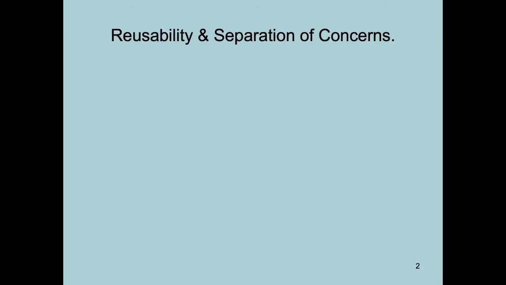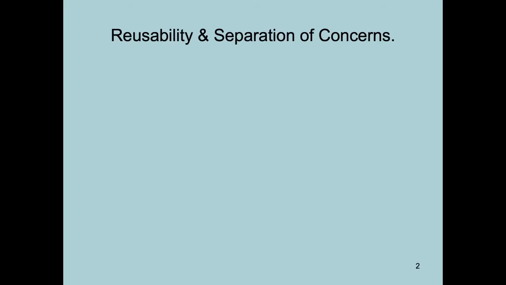When we talk about design, reusability and separation of concerns are objectives that any software engineer would have when they are developing code. And I'm sure you've heard of both of these terms before. Obviously, they are desirable. We'd like the individual modules in our applications, or some of them anyway, to be reusable within an application or reusable across applications.